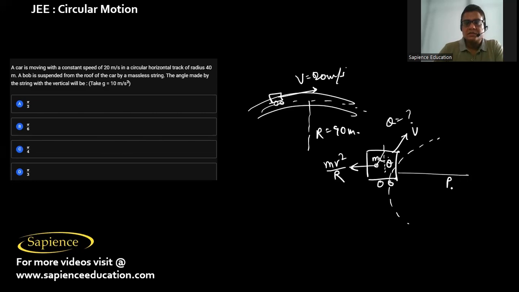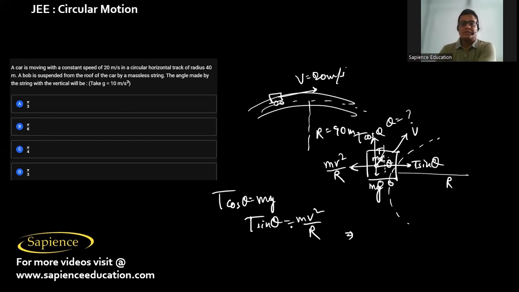R is the radius of the curved road, and downwards mg will act. So if this is the tension force, then this will be T cos theta, this will be T sin theta. So therefore T cos theta component should be equal to mg, and T sin theta component should be equal to m v square by r.